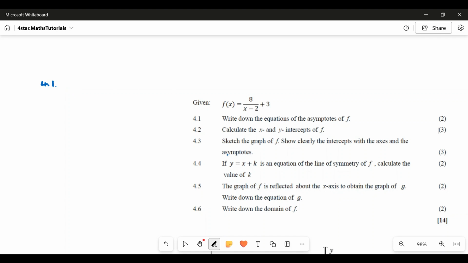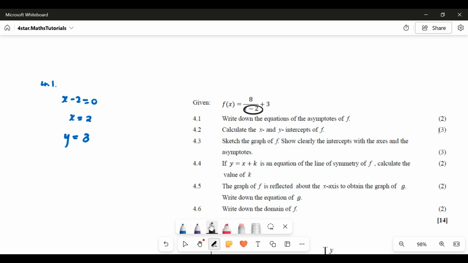So for this function to be not defined, number one, the denominator must be equal to 0. So x minus 2 must be equal to 0, meaning the x asymptote is x is equal to 2. Then another asymptote is y is equal to 3.